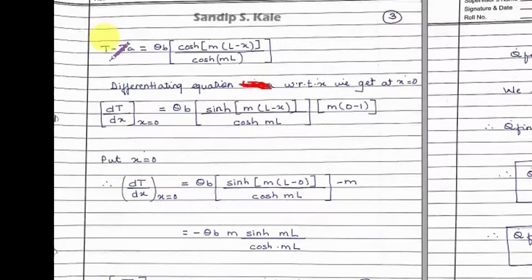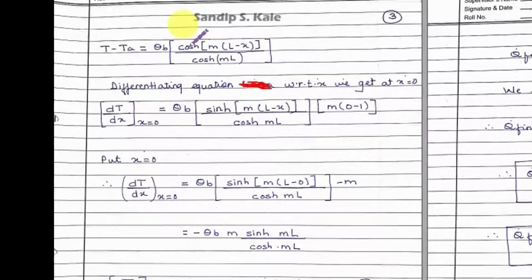If you differentiate this, this is not related, so it will be neglected. So dT by dx is equal to, this is constant, cosh mL, here no x term is there, so automatically this also will be constant. Now we will only differentiate this because here you are having the x term.